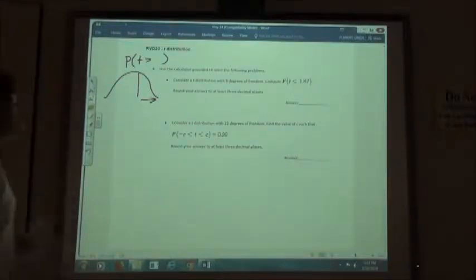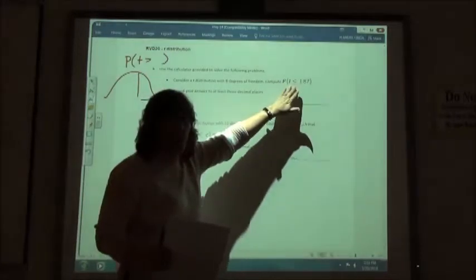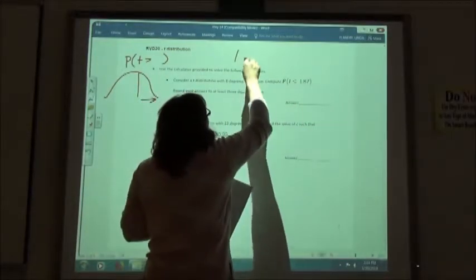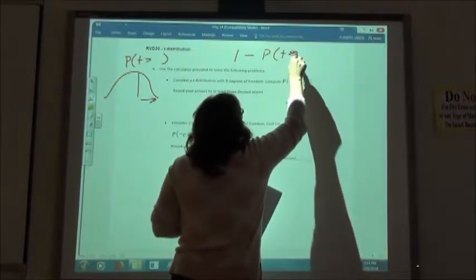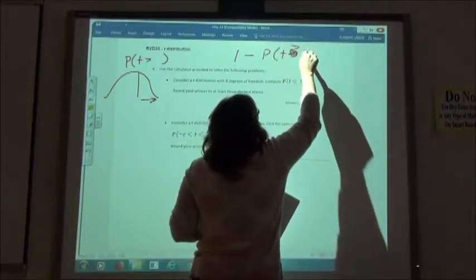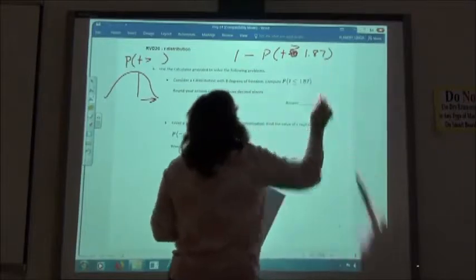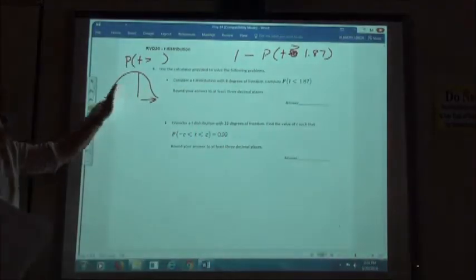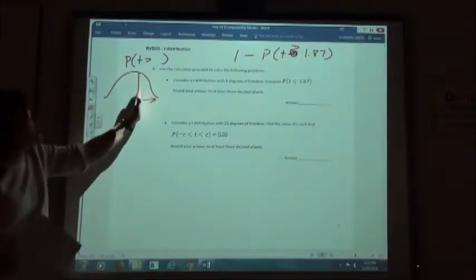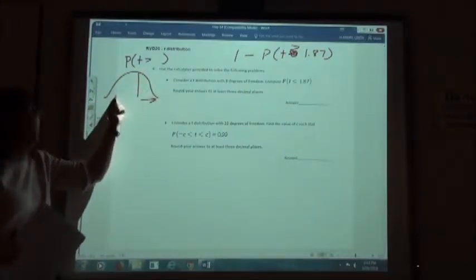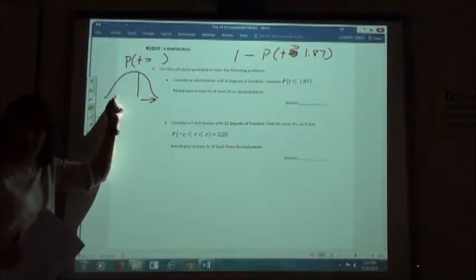If you're going to do a less than, like we are on this first one, we have to do 1 minus that value. P of T is less than, or I have to flip my sign around, greater than 1.87 in this case. The whole curve would be 100%, that would be 1. We would subtract off this part to the right if we want to know the part to the left.